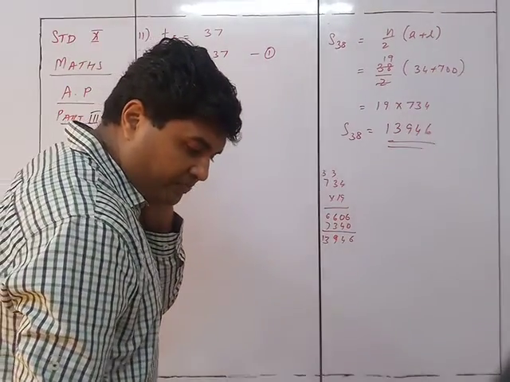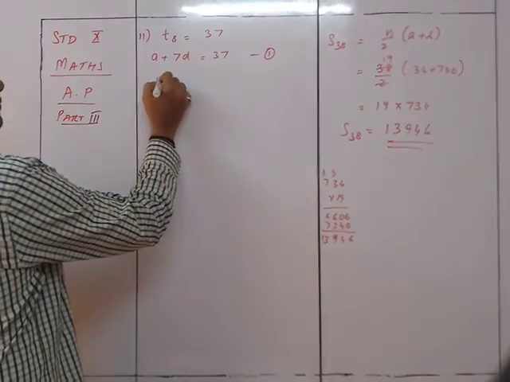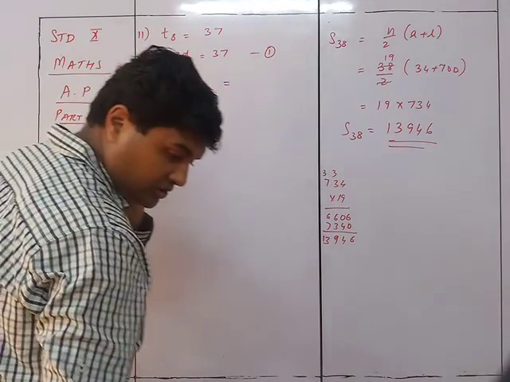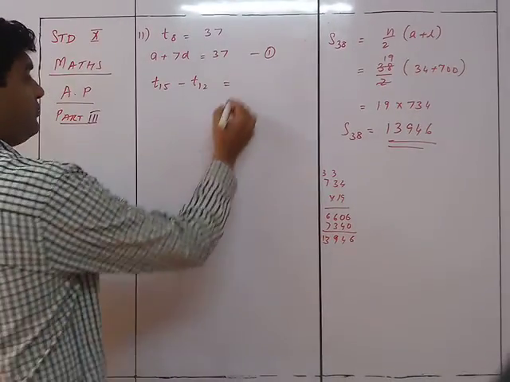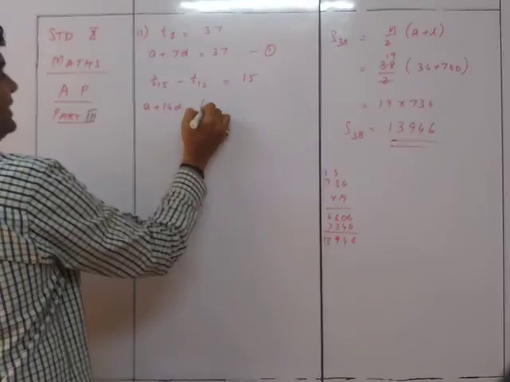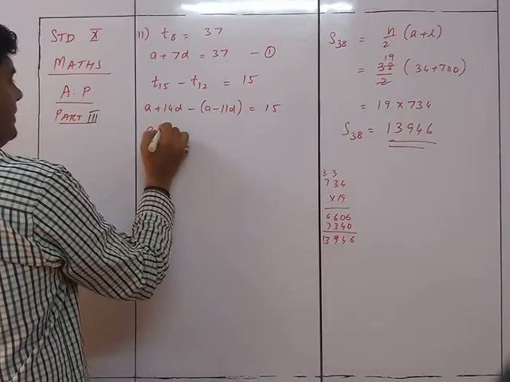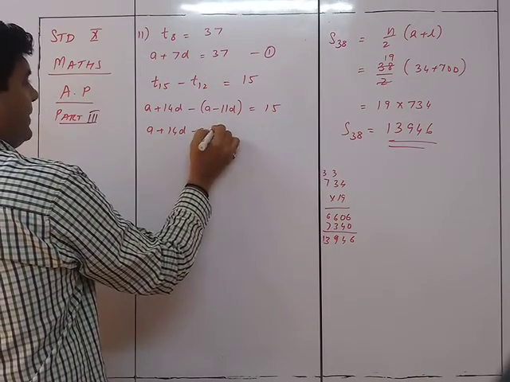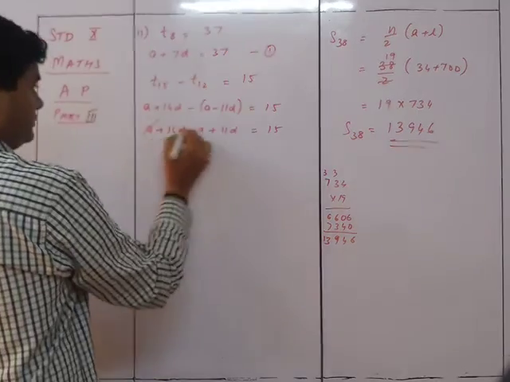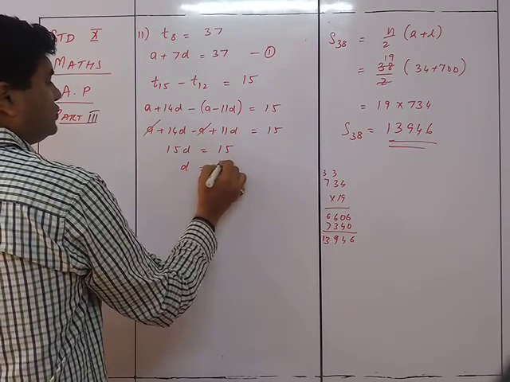The second equation is that the 15th term is 15 more than the 12th term, so T15 minus T12 is equal to 15. So A plus 14D minus A minus 11D is equal to 15. So 3D is equal to 15.